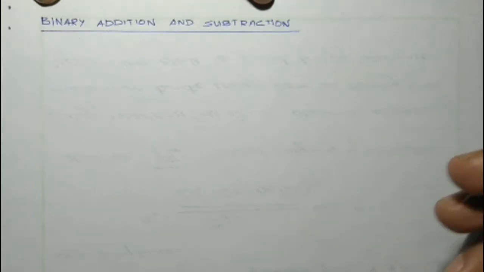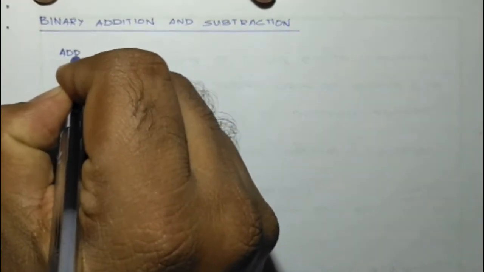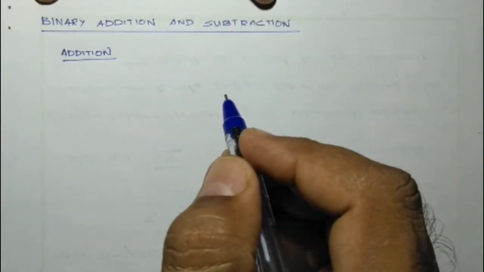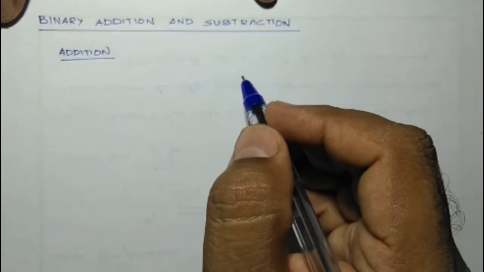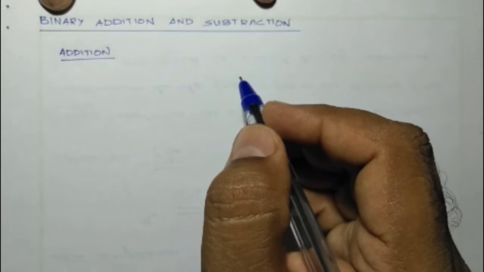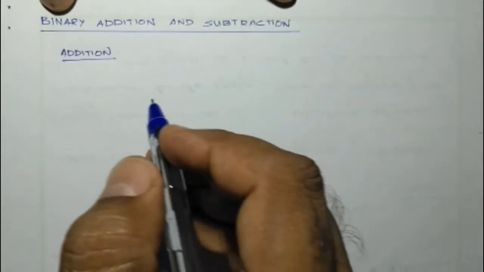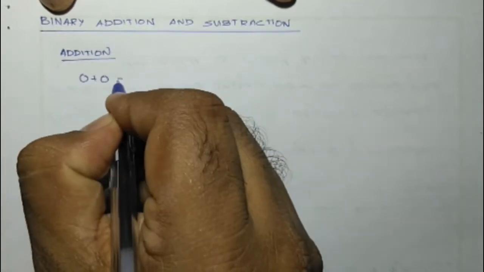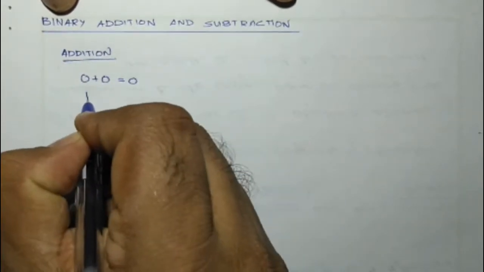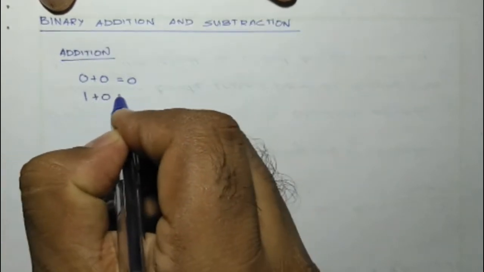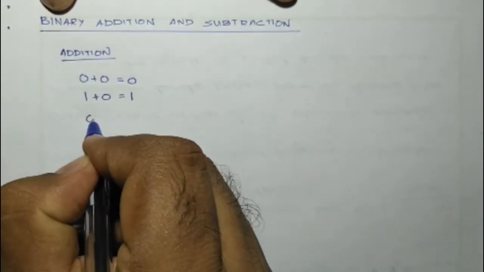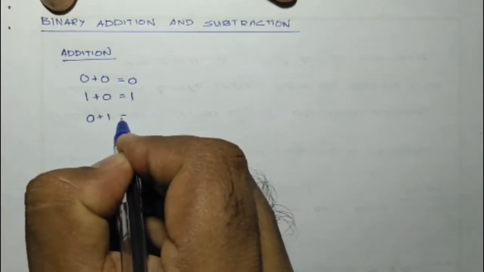Let's start with binary addition. For every process, there are certain rules. For binary addition also, there are rules. And the rules are like this. When you add two zeros, the result will be 0. When you add a 1 and a 0, the result will be 1. When you add a 0 and a 1, the result will be 1.